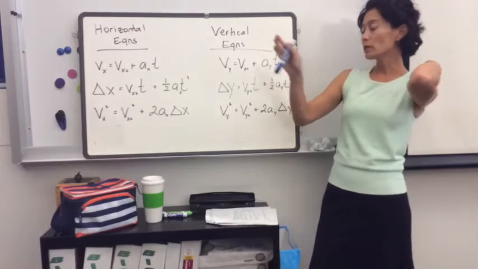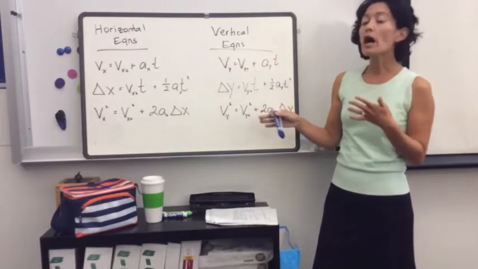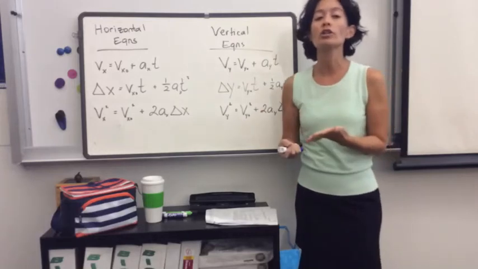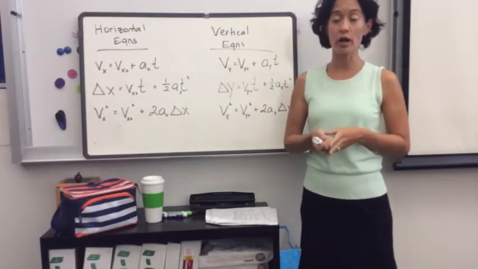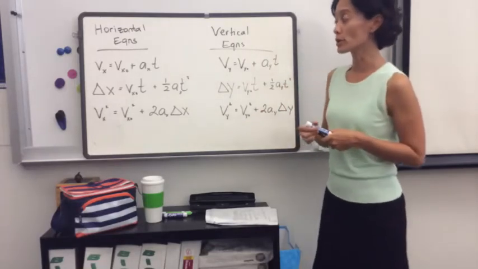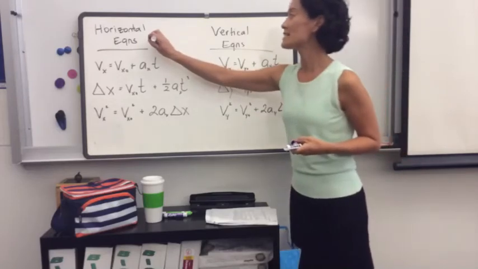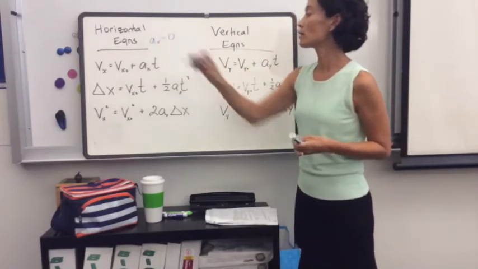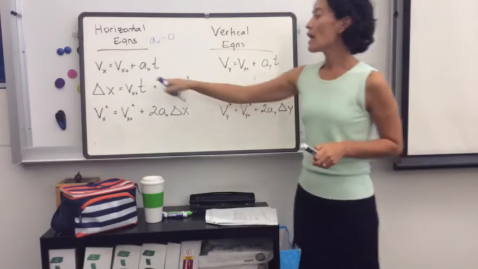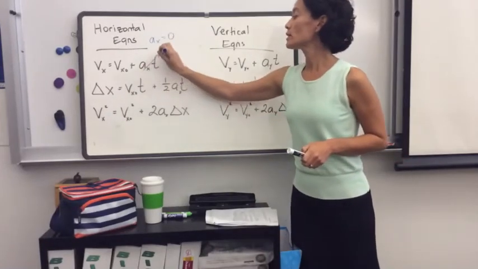But before you write them down, let's see what happens with the knowledge that we have a zero value of acceleration for the horizontal. So I'm saying my AX is 0. Okay, AX is 0. So if AX is 0, then this whole term is going to become 0.